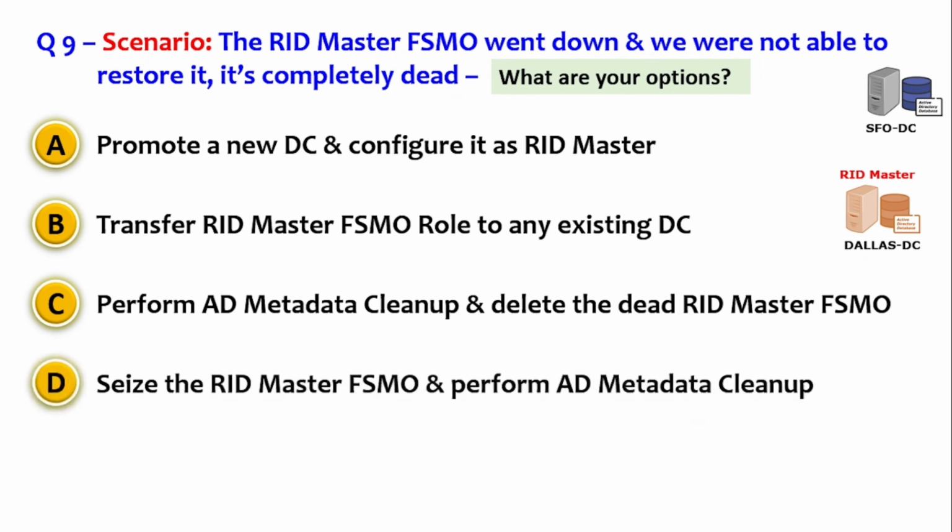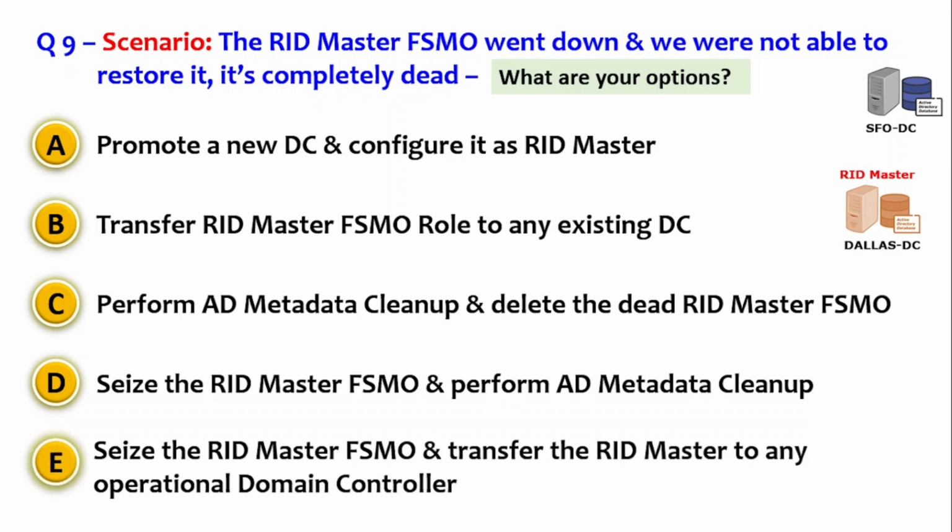D, seize the RID master FSMO and perform Active Directory metadata cleanup. And option E would be seize the RID master FSMO and transfer the RID master to any operational domain controller. So these are the 5 options.